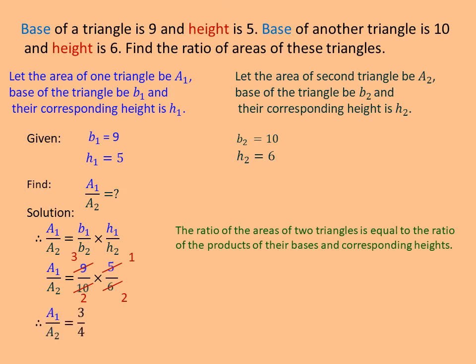Therefore, A1 upon A2 equals 3 upon 4. In the numerator we have 3 and 1. When we multiply we get 3. 2 into 2 becomes 4. Therefore, we can say that the ratio of the areas of two given triangles is either 3:4 or you can write 3 upon 4.